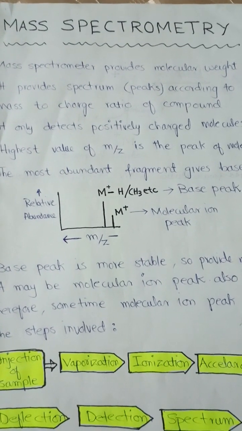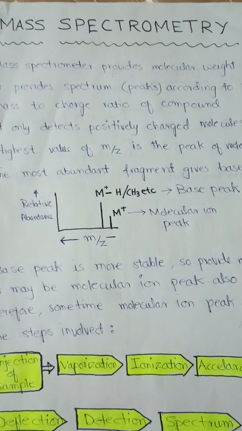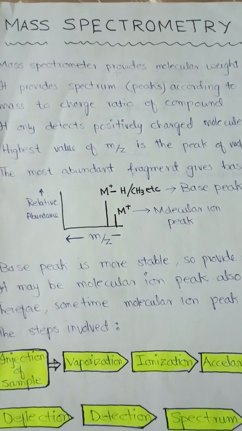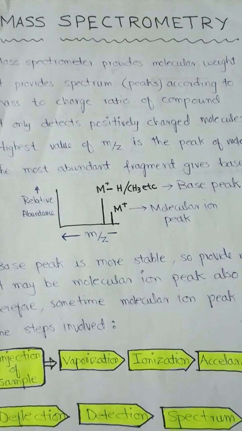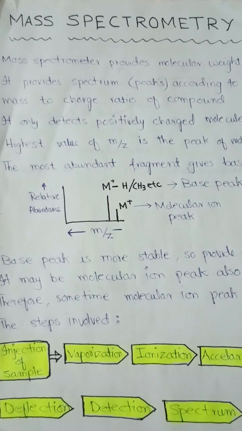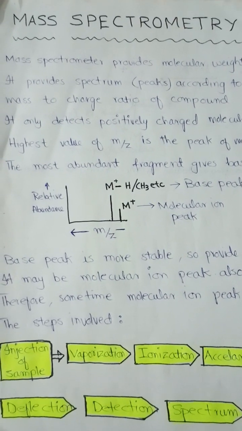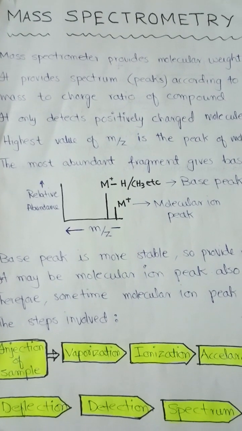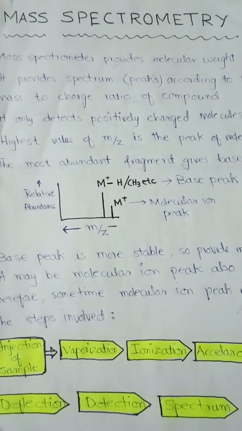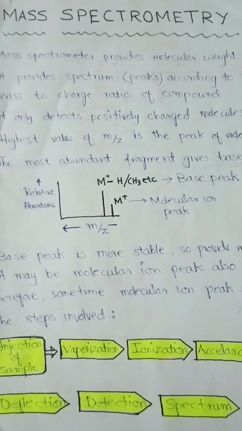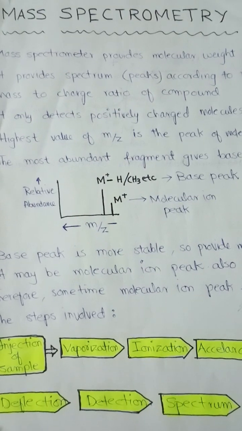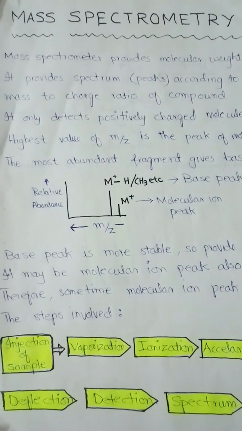Today we will discuss mass spectrometry. It is our new chapter in organic spectroscopy. Before this, we have discussed UV visible spectroscopy, FTIR, and then nuclear magnetic resonance. So, it is our last chapter in which we will discuss mass spectrometry, its instrumentation, and how it works, and then after this video we will make another video on fragmentation pattern and then ionization techniques in mass spectrometry.